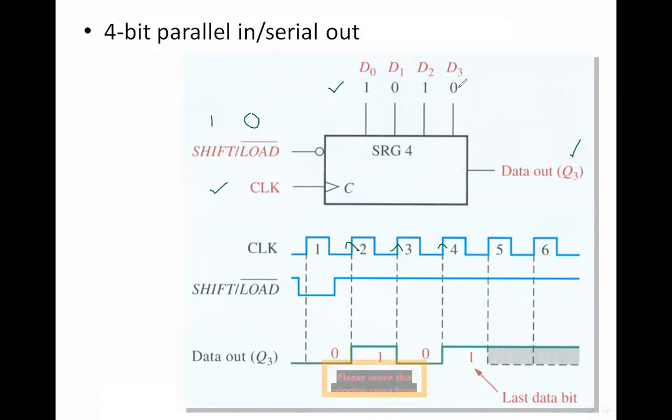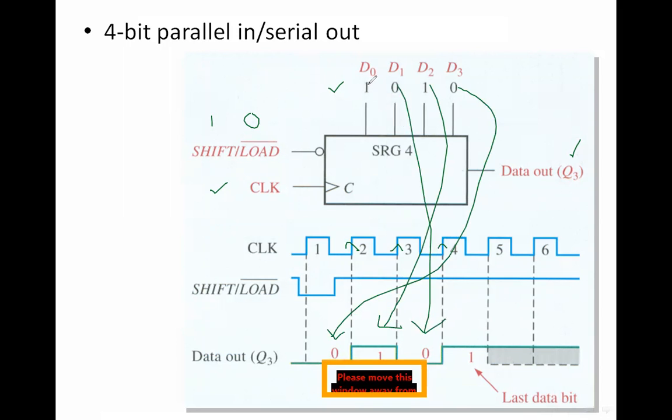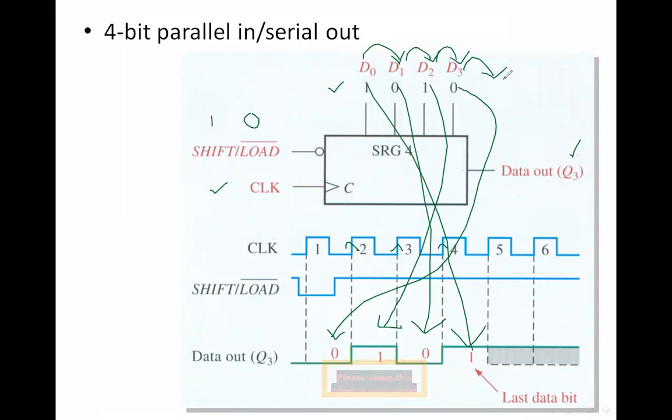So you have your D3 here, D2, D1, D0, okay? Because the values would have passed from one point to another point because of the clock cycle, okay, and ultimately outside. So which means D0 will come out first, right? So D0, D1, D2, D3, right?